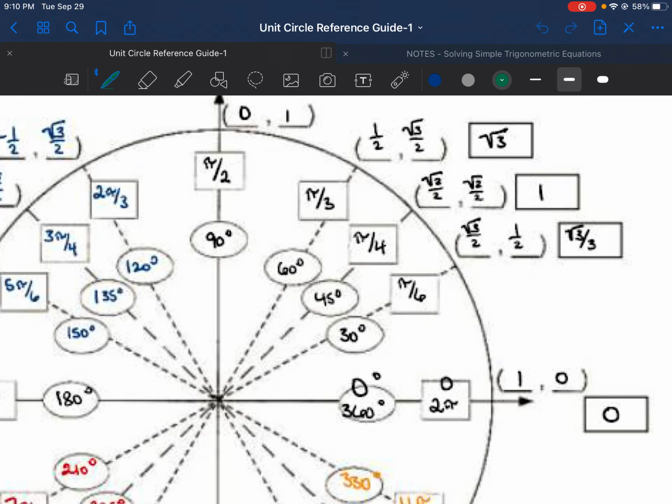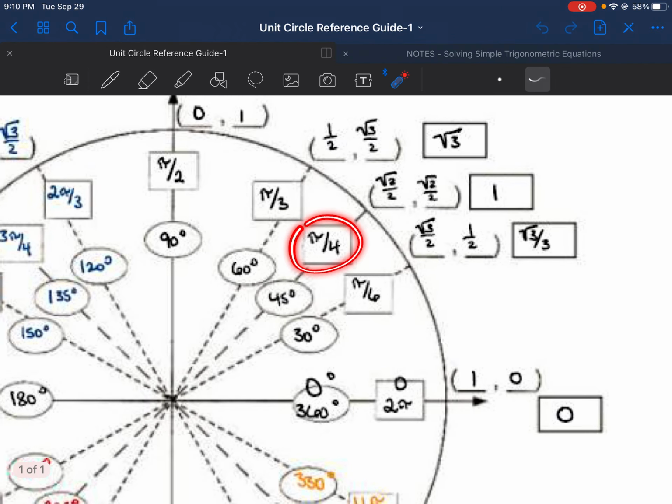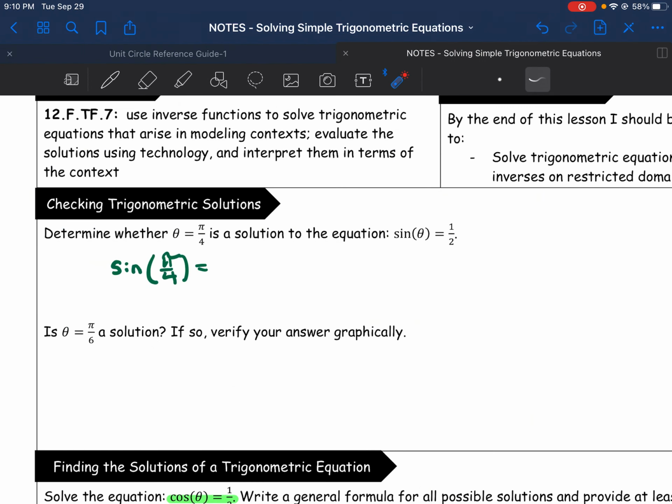Well, we can see pi over 4 is right here. Sine is the y value, so the y value at the angle pi over 4 is square root of 2 over 2. So sine of pi over 4 equals square root of 2 over 2. And that is not equal to 1/2.